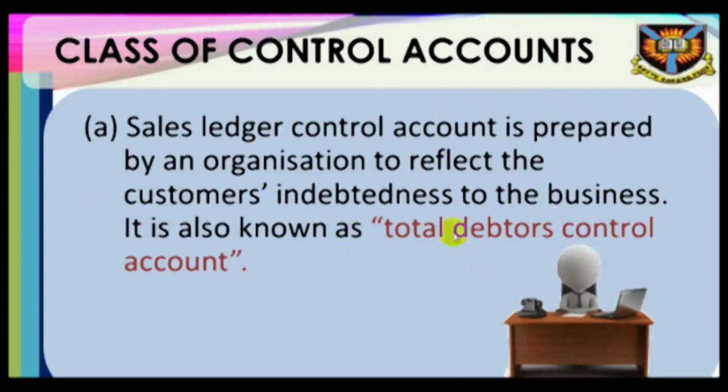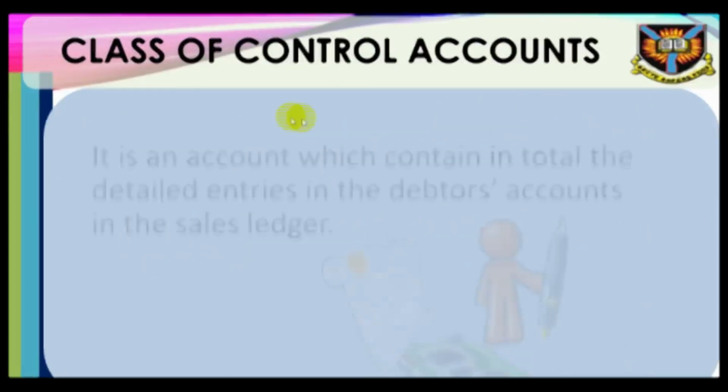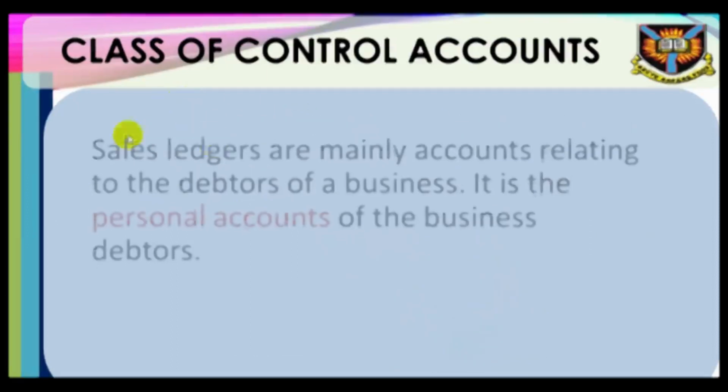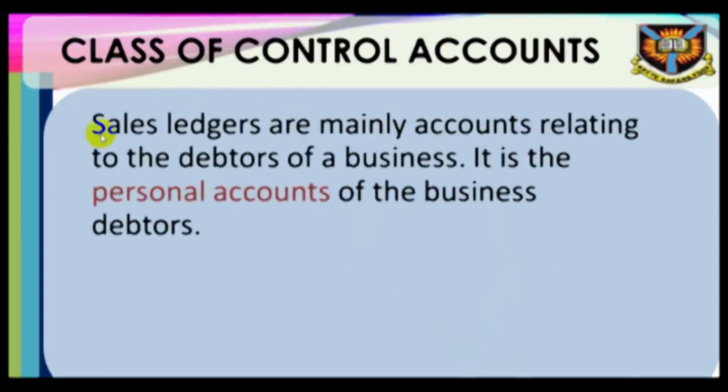It is also known as total debtors control account. It is an account which contains in total the detailed entries in the debtors accounts in the sales ledger. Sales ledgers are mainly accounts relating to the debtors of a business. It is the personal account of the business debtor.